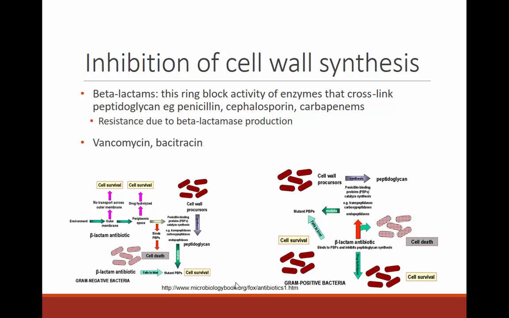So if we look first at the cell wall synthesis, these antibiotics are known as the beta-lactams. And that just means that the beta-lactams block the enzyme needed to form the cross-links in the peptidoglycan cell wall. Okay, that's all it does. It just stops an enzyme. So instead of the cell wall being nice and firm and robust, it's not produced very well at all.